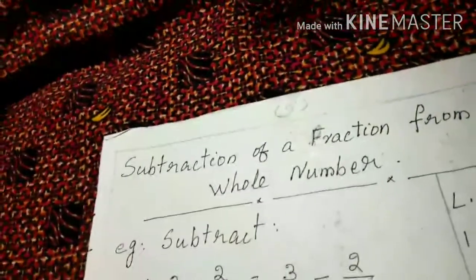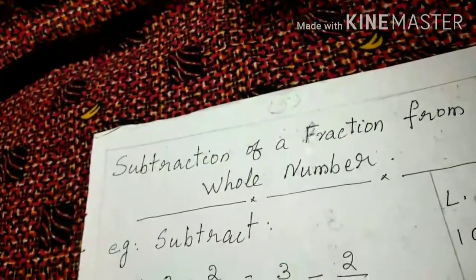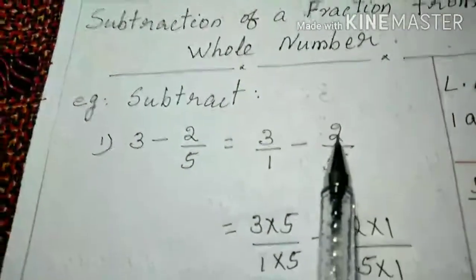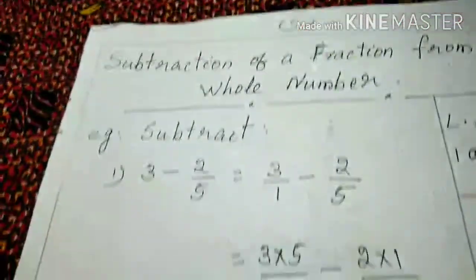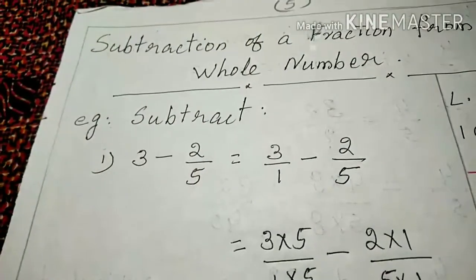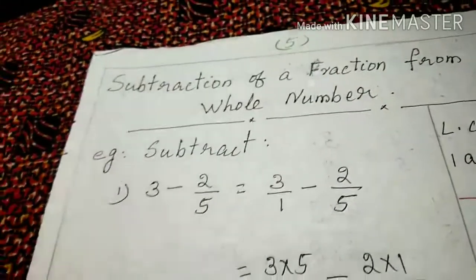Here also the LCM of 1 and 5 is 5. And after that, these two fractions 3 by 1 and 2 by 5, you have to convert into equivalent fractions with the common denominator, that is the LCM.